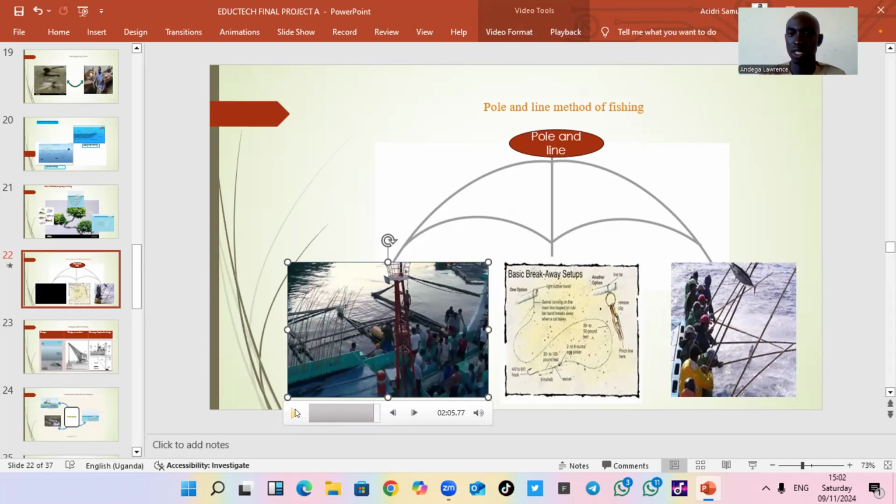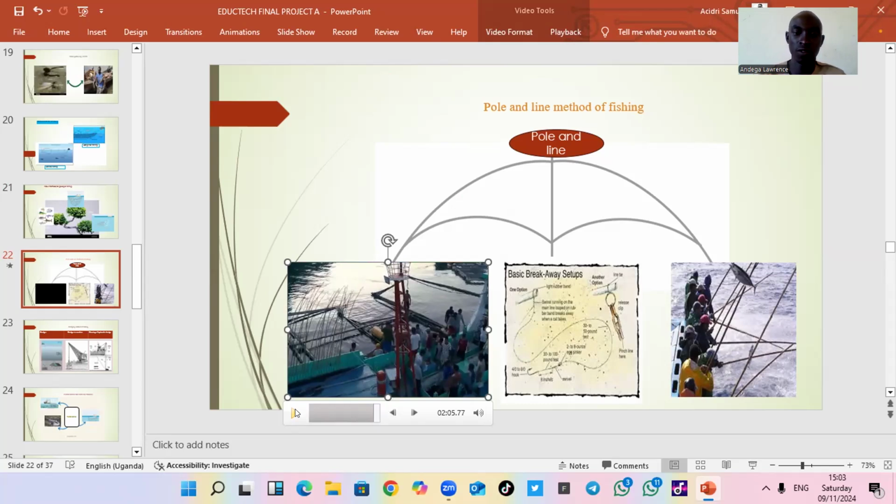It is where the fishermen use poles to catch fish, and they line together, and in due course they use the poles that are attached with strings, which have hooks fixed with baits to attract the fish.